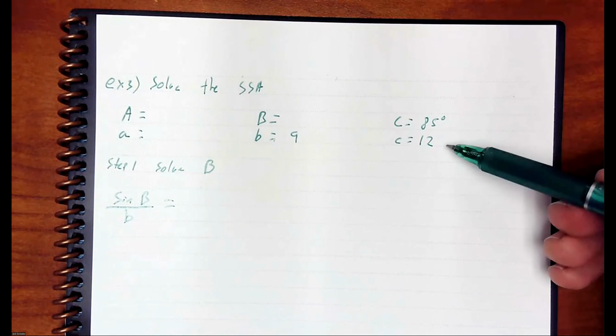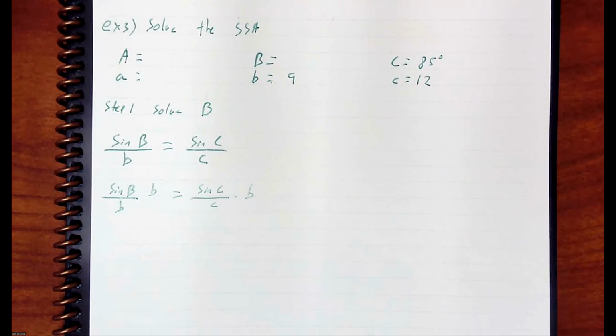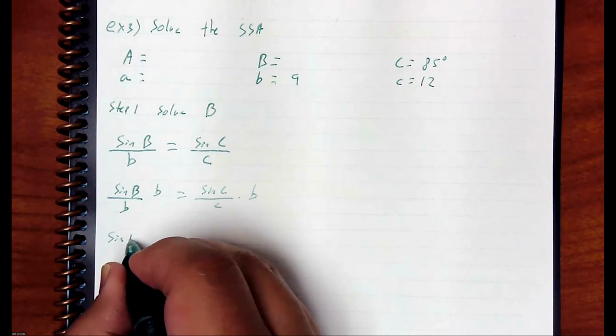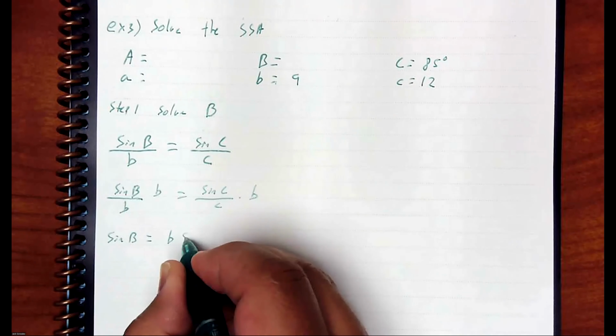So to solve for B, that would be multiply both sides by little b. Isolate that sine. So now I end up here, sine capital B equal to little b sine C over little c. Sine inverse of both sides would get us to here.